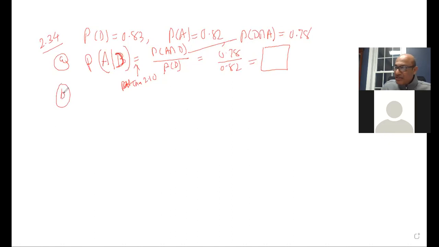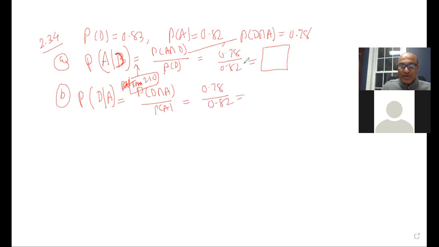B part is departed on time given that it has arrived on time. So that is the meaning: when the flight has arrived on time, it departed on time. That is equal to probability of D intersection A divided by probability of A, again by theorem 2.10. D intersection A is 0.78, and probability of A is 0.82.